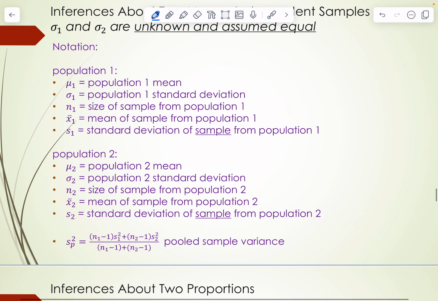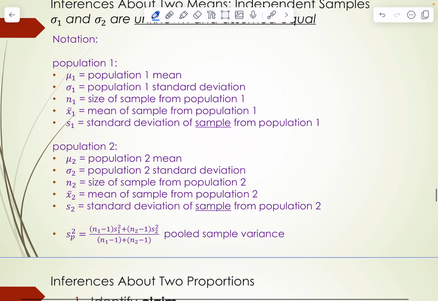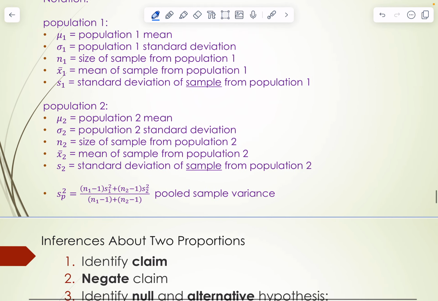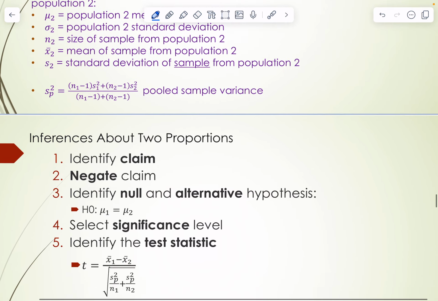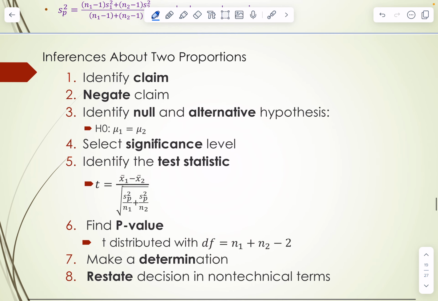So if that's the case, you do this with the same notation that we've been using before, but now you have a pooled estimated standard deviation, and then you just follow this format.